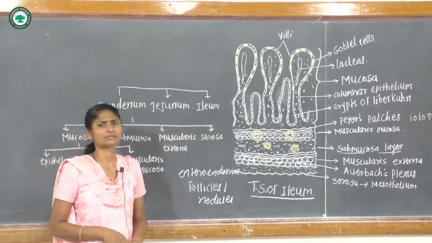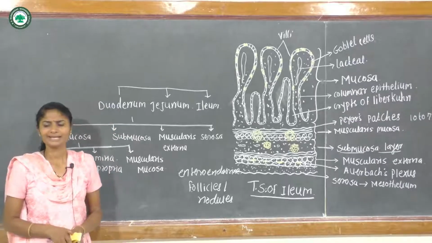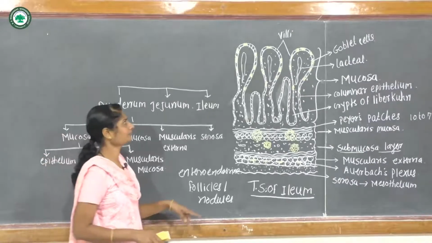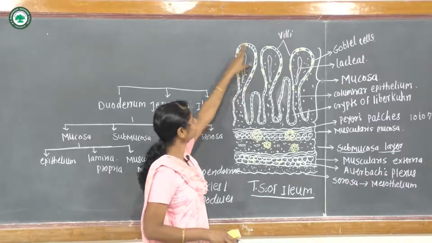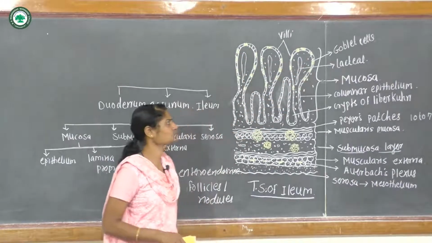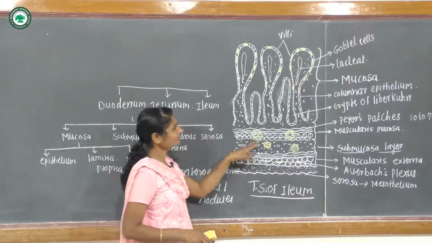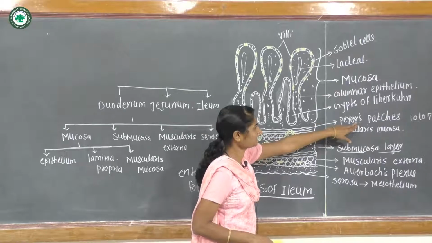Diagnostic features of ileum. In ileum, mainly villi are present, and these villi are club-shaped structures. In ileum, Peyer's patches are present.